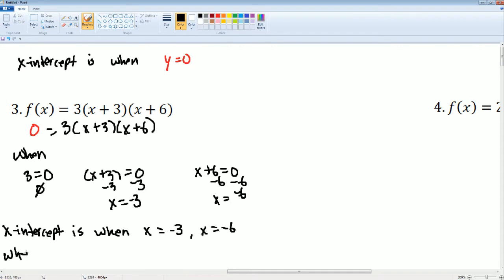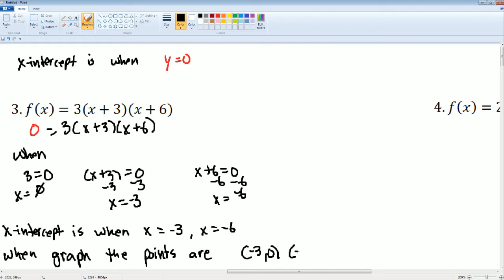So when graphed, the points are, there are 2 points, negative 3 comma 0, and wait, this is also 0 when x also equals 0 here. So there are a couple points. So negative 3 comma 0, negative 6 comma 0, and there's also 0 comma 0 because of that 3 here.